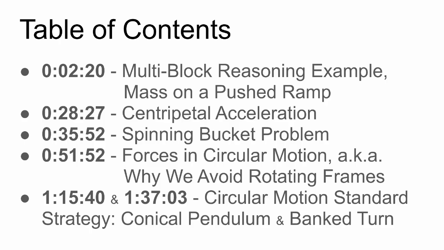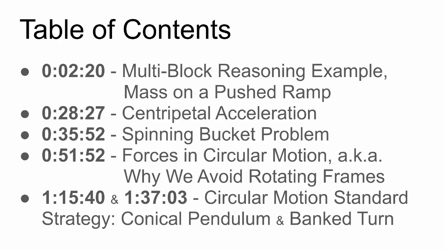In the example, you will see a block on an inclined plane with a twist: the inclined plane can move. Then we will shift focus and finally cover uniform circular motion. We will first start with a brief explanation of the centripetal acceleration with reference to Chapter 4 material on circular motion kinematics.